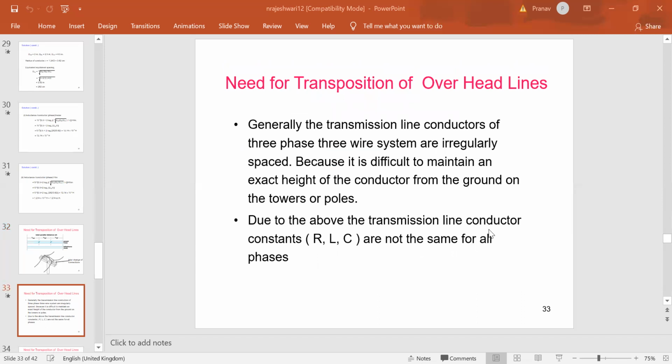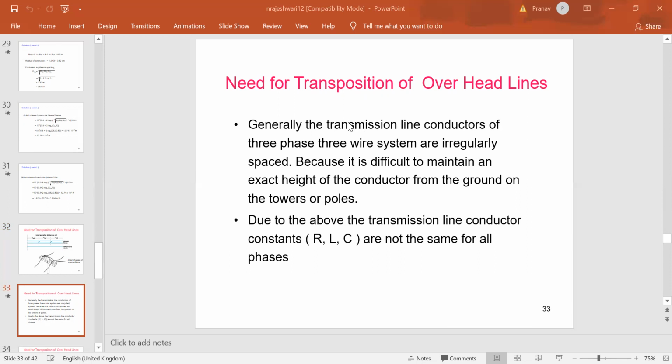Generally, the transmission line conductors of a three-phase, three-wire system are irregularly spaced because it is difficult to maintain an exact height of the conductor from the ground on the towers or poles.